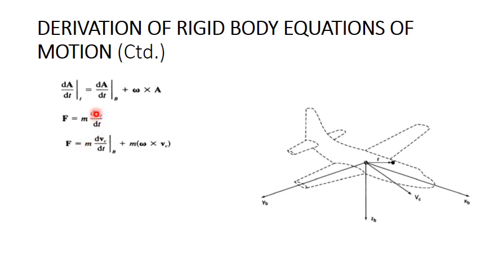First, we have to differentiate this vector Vc with respect to the rotating body axis, dVc by dt, then add omega cross this vector Vc, and m is multiplied on both sides.